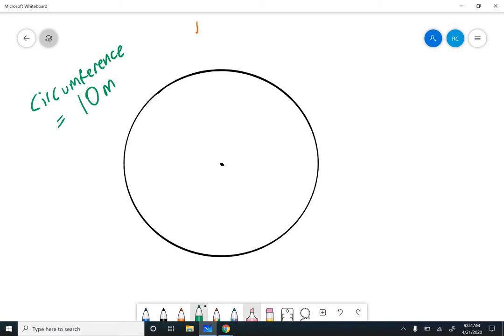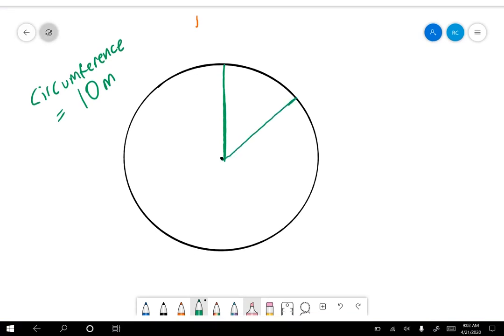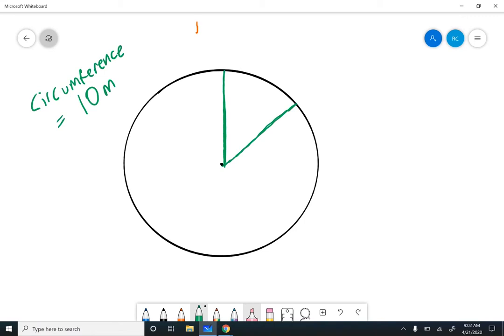And let's say we've got a slice of this circle that is 60 degrees. And we want to know what this length is right here. Okay?